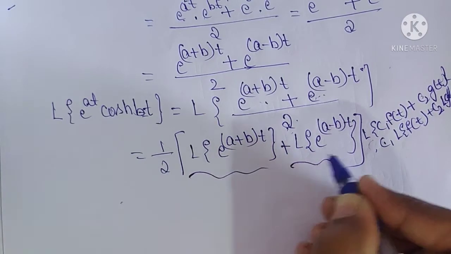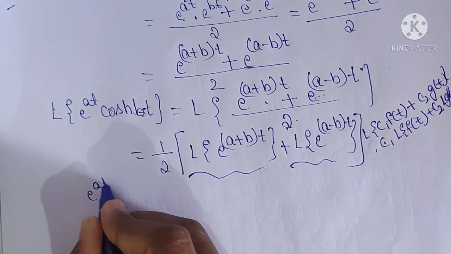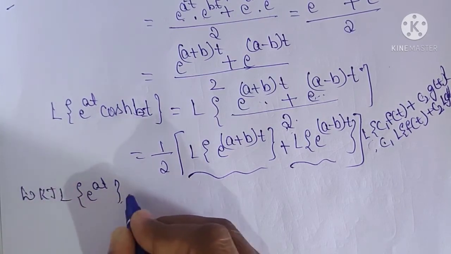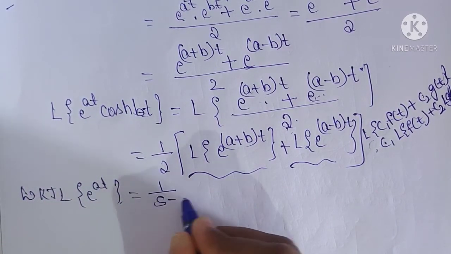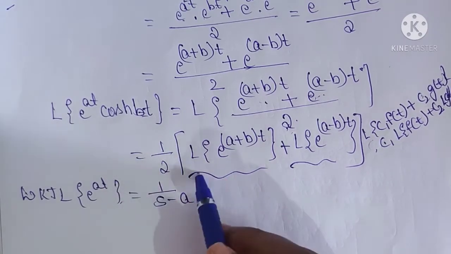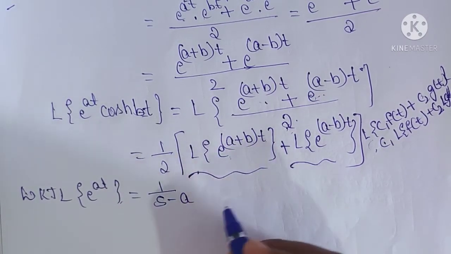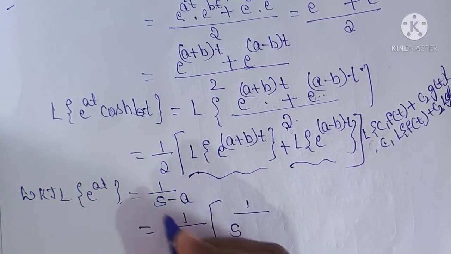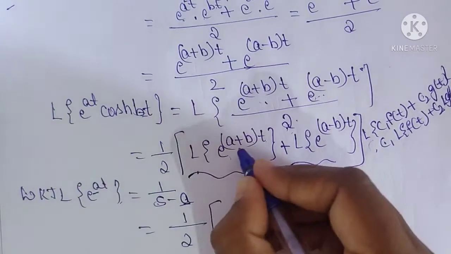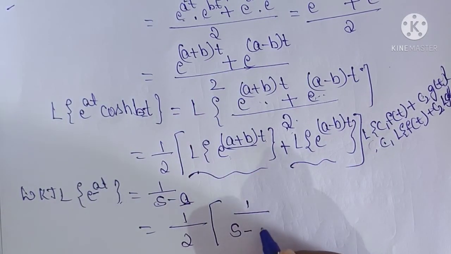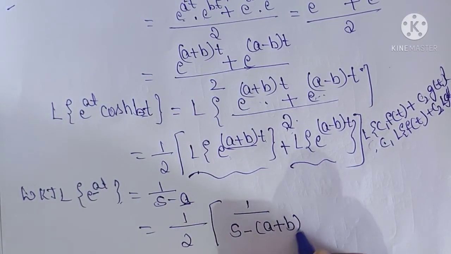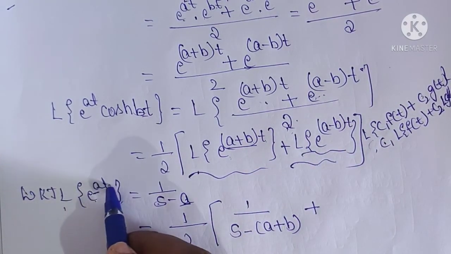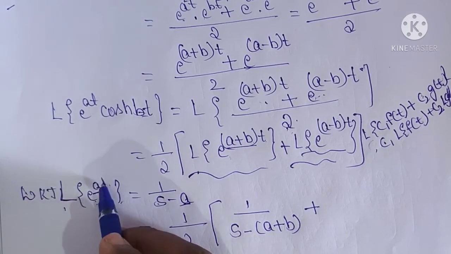Both the terms are of the form L of e power at, and L of e power at is 1 divided by s minus a. Here L of e power a plus b of t value is 1 divided by s minus, in place of a, a plus b is there. Then we get s minus a plus b. This term is also of the form Laplace transformation of e power at.